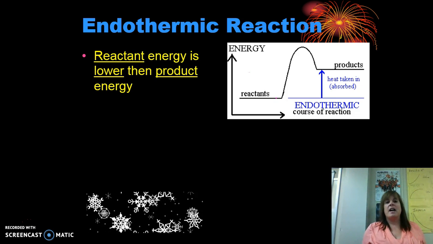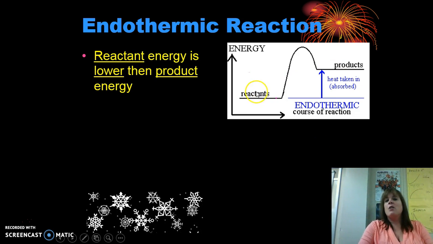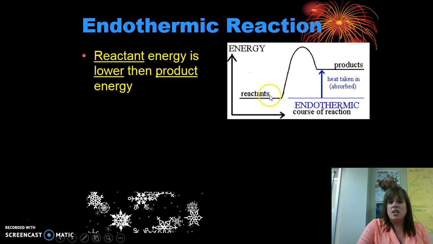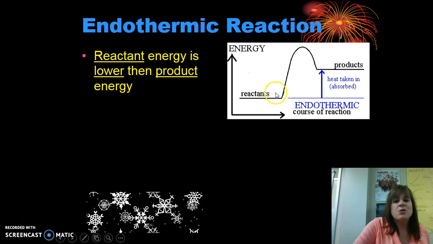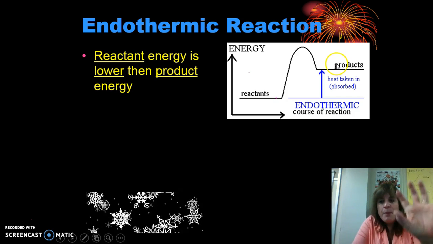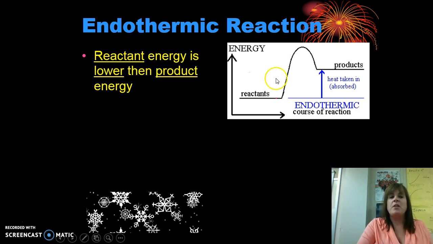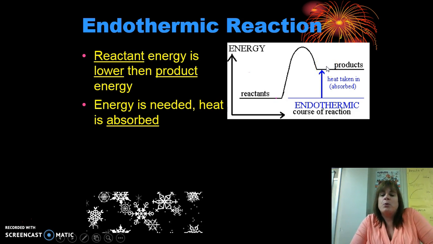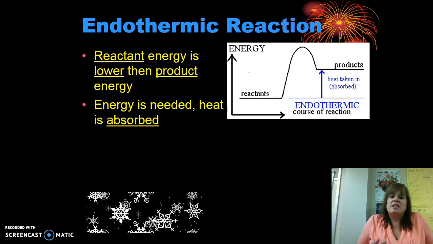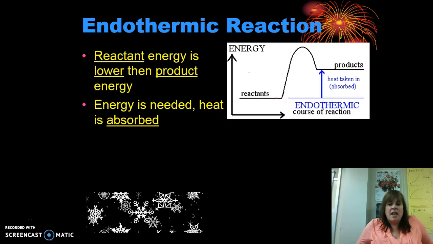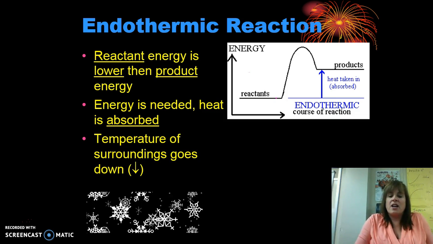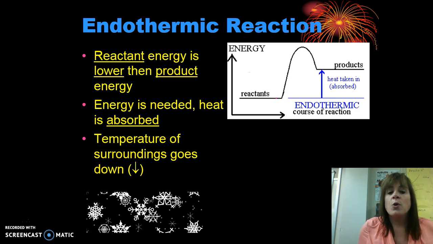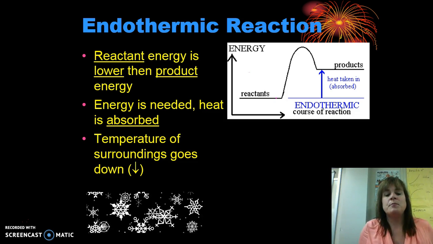An endothermic reaction is the opposite of that. Our reactants have lower energy than our products. So in order to get this reaction to happen, I've got to put energy into the reaction. So when the reactant energy is lower than the product energy, we have to put heat in so that heat gets absorbed, and when we take it out of the environment and put it into the reaction, that means the temperature of the surroundings goes down.